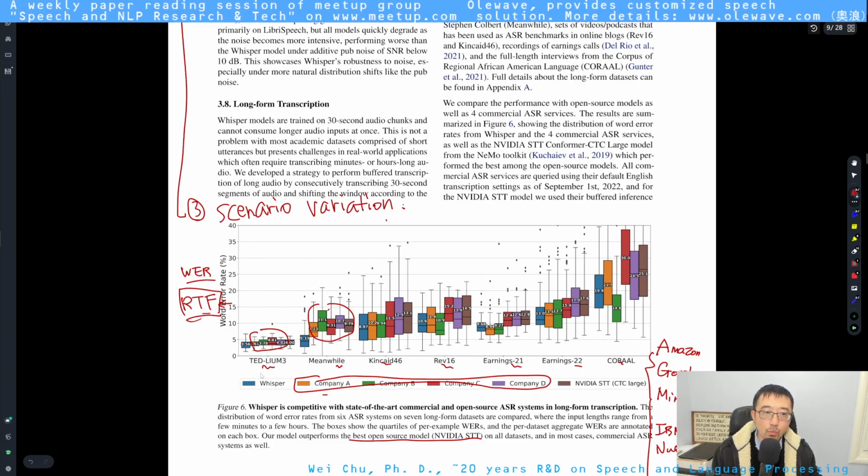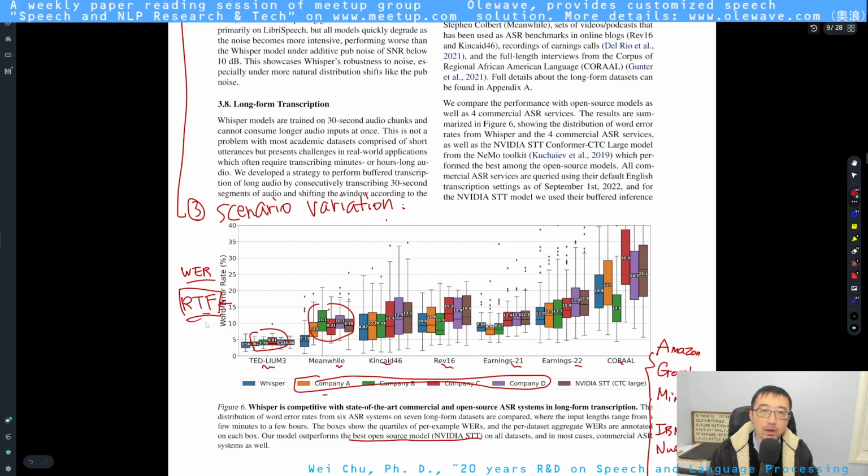And also, when the model is very large, even if you say I have enough money to get a better GPU, that means that the speech recognition speed is slow. This is called the real-time factor. So given 1 second of speech, how fast can you finish the speech recognition.